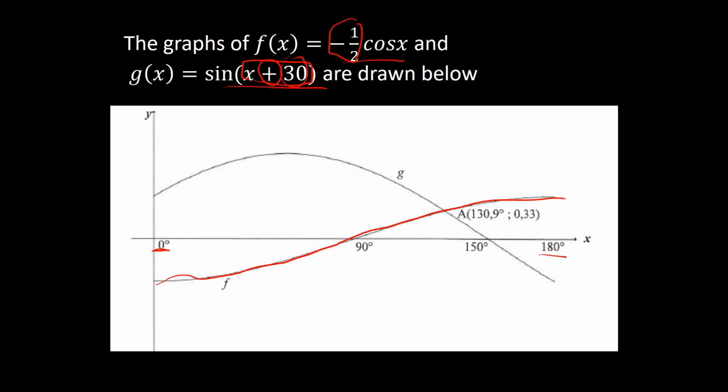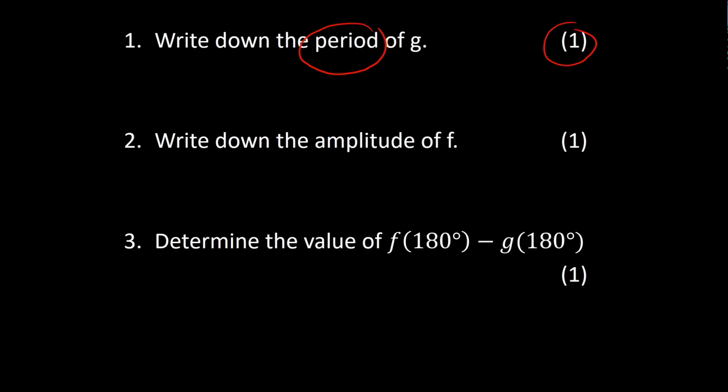So therefore, for your sine graph, which is sine of x plus 30 degrees, your period is still going to be 360 degrees. This value of 30 does not affect the period. So therefore, your period is going to be 360 degrees.